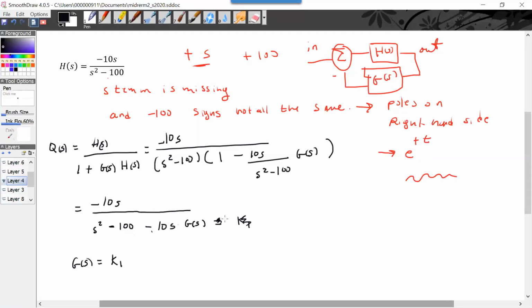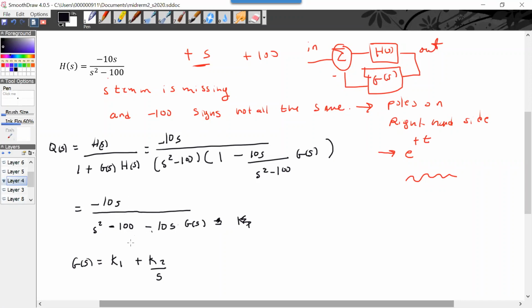But if I multiply positive s, it doesn't get me anything here, I need to get rid of that s so that I can have 100. And so I can use an integrator, call it K2 divided by s.